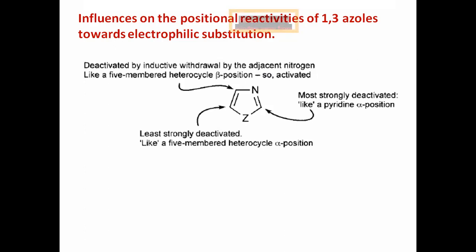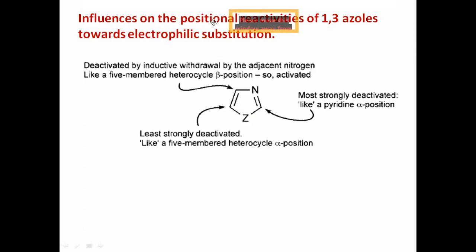If you think about pyrrole, pyrrole is a five-membered heterocycle, and it's a beta position. This is position number 3. We can say it is activated. Similarly, if you think about pyridine, its alpha position is deactivated. So similarly, these two positions are also deactivated because of the same thing, because of the presence of electron withdrawal.